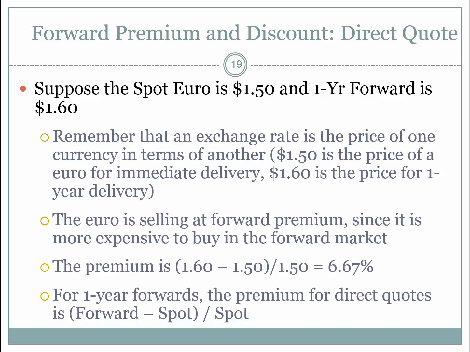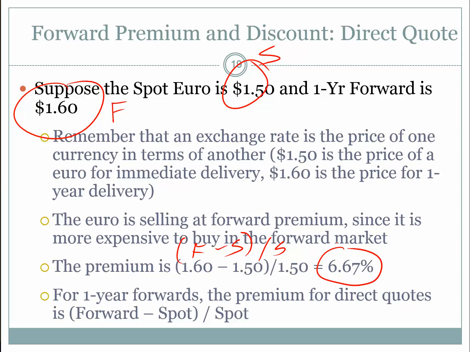Now, a third way that the currencies are quoted is to calculate a forward premium or discount percentage. Say the spot price of the euro is $1.50 and the forward price is $1.60. If I just compare the forward to the spot and do a percent change, the forward minus the spot over the spot is a 6.67% difference.